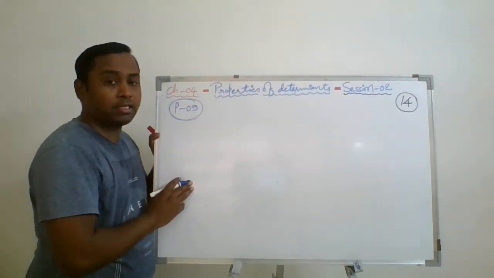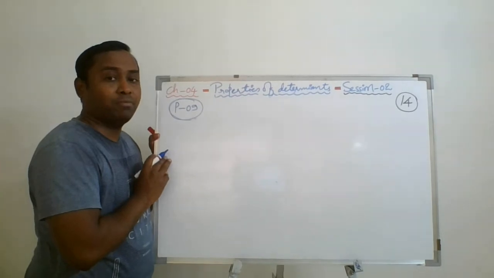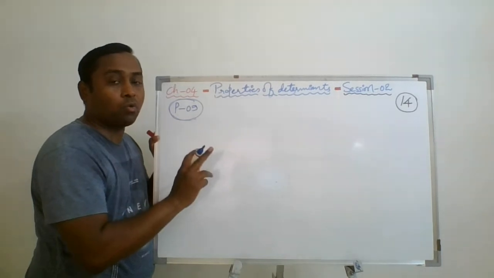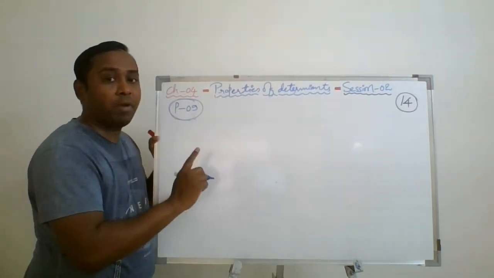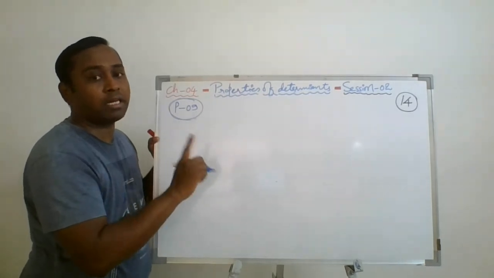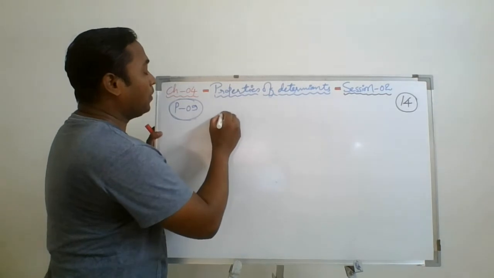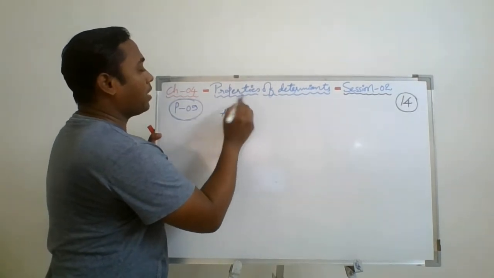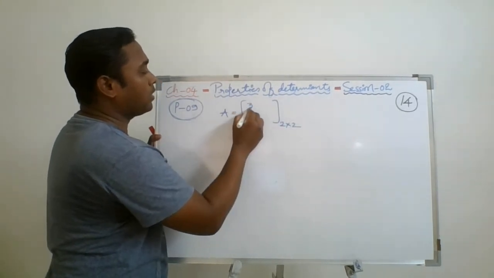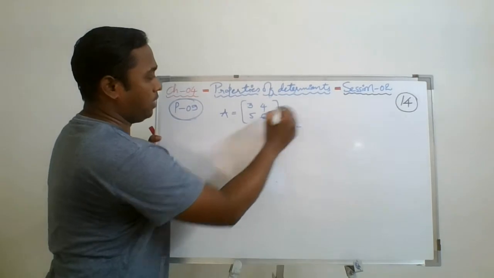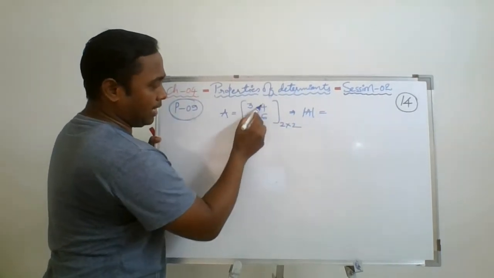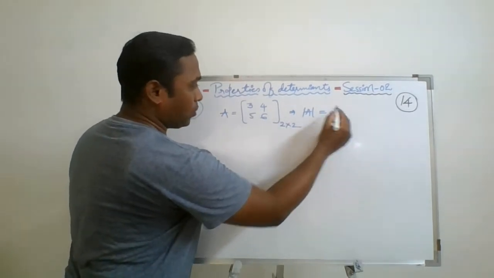In a square matrix, if any particular row or a column is multiplied by a constant, then the entire determinant of that square matrix is multiplied by the same constant. What does it mean? I am taking a square matrix of 2 by 2: 3, 4, 5, 6. What is the det value of this square matrix? Simply 18 minus 20, that is minus 2.